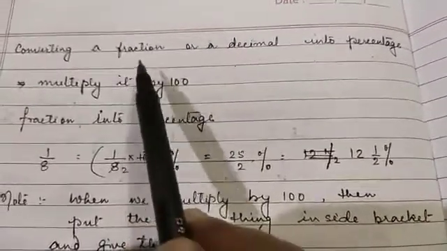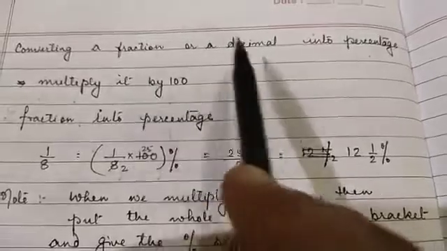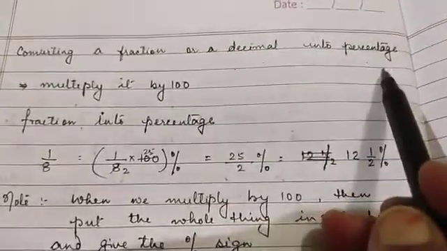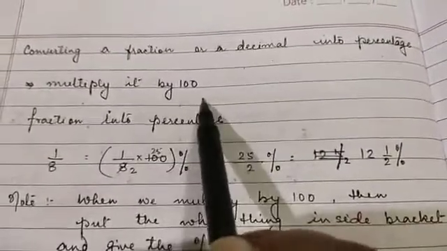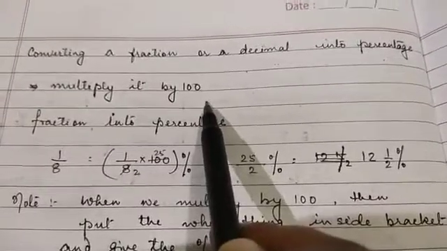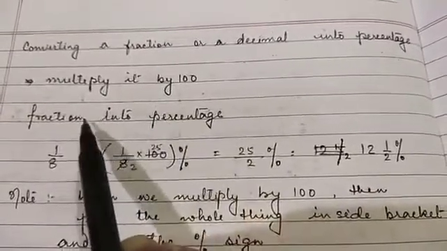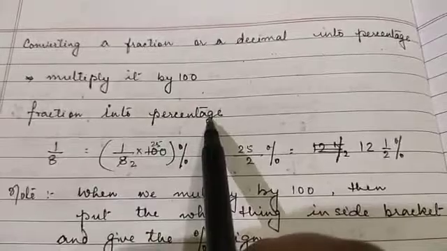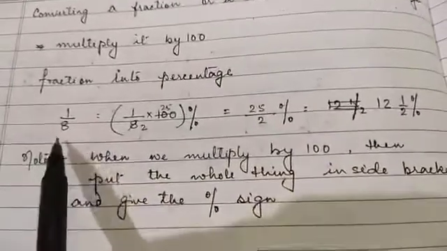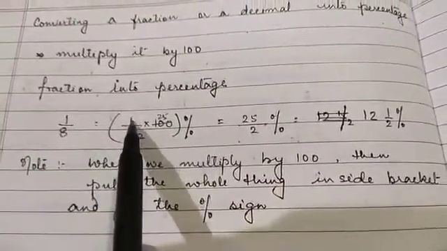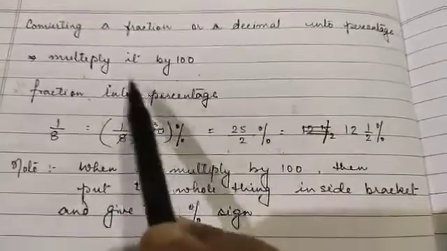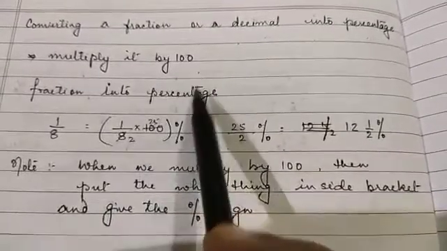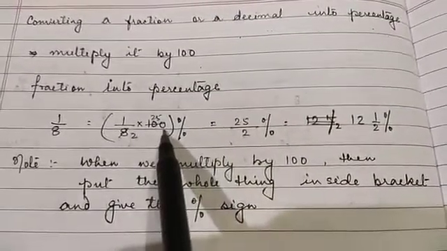Now here, when we are converting a fraction or a decimal into percentage, we have to multiply it by 100. So first we will learn how to convert a fraction into a percentage. Let us take 1 by 8 as the fraction. So 1 by 8, what I have written, multiply it by 100.